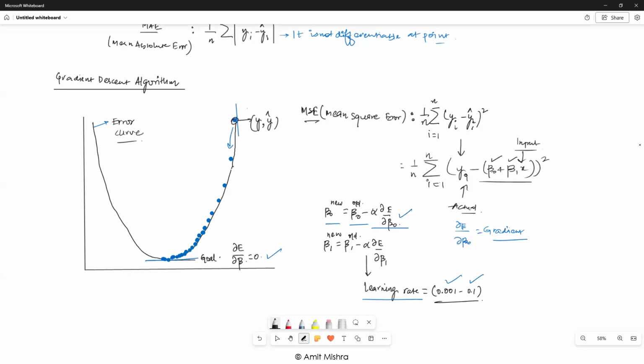So when the model is fitting, the model is trying to train itself to find the values of beta naught and beta 1 closer and closer to the real value, which will result in a perfectly fitted model with very little or almost negligible error.